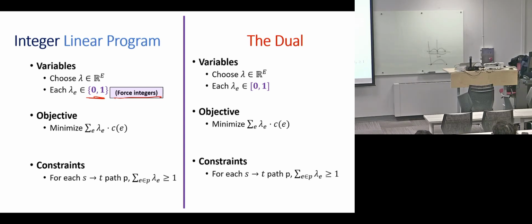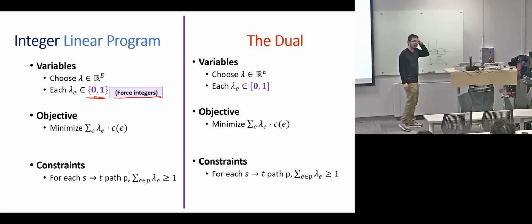So when you look at all the edges along the path, there must be at least one edge that you choose. That's what it means here. And you want to minimize this thing. What do you think this problem is?